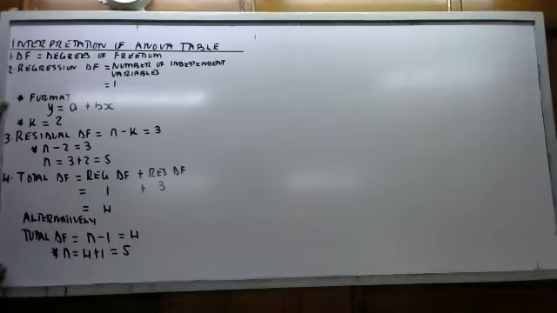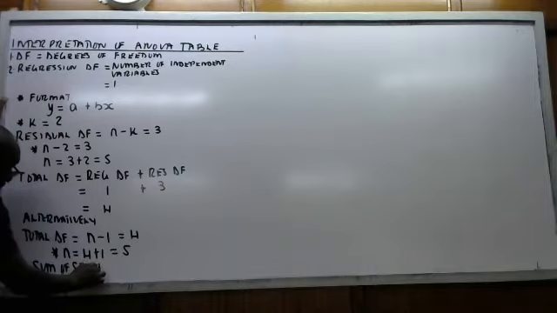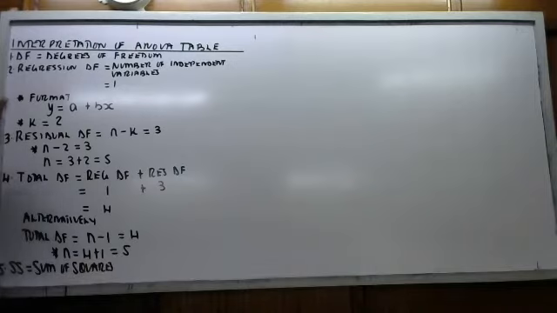Point number 5. You can see somewhere they have written SS. That is the abbreviation of the word sum of squares. That's why this method is also known as ordinary least squares method.